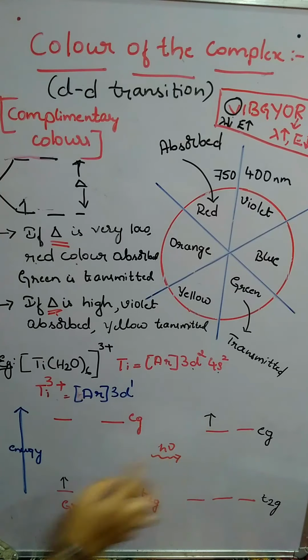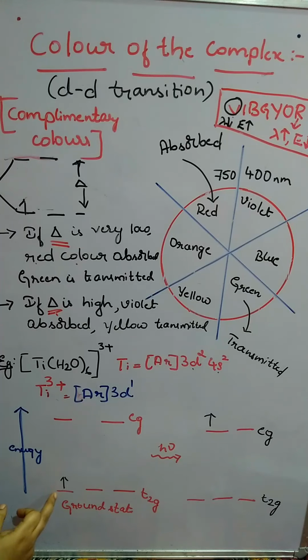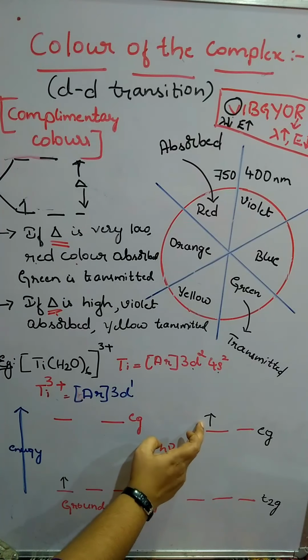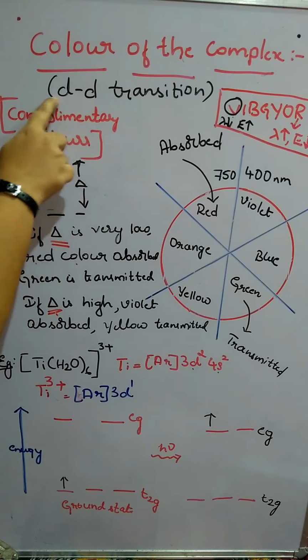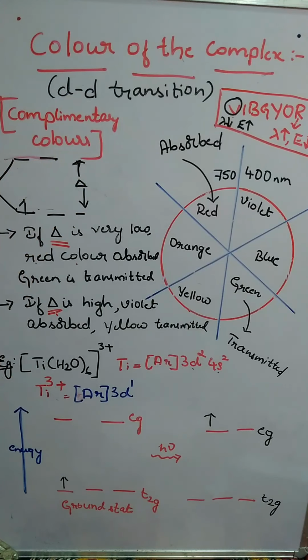The electron from the lower energy d orbital is shifted to a higher energy d orbital. That is what we call d-d transition.